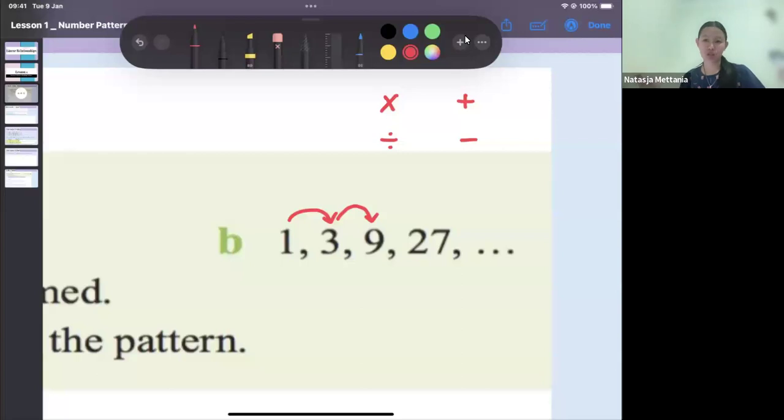Now, if it's not addition, what other operation? Multiplication, right? Multiplication is where I increase things. So I'm going to multiply 1 by what to give me 3. 1 times 3 gives me 3. Let's double check. Does 3 times 3 give me 9? Yeah, it does. Now let's try 9 times 3. Does that give me 27?